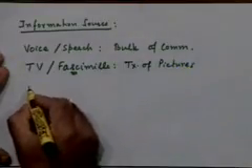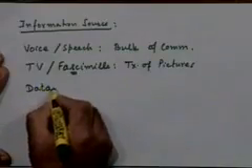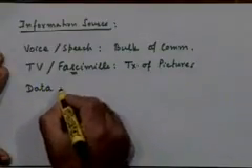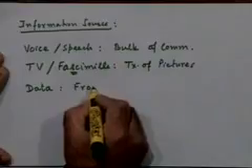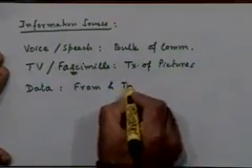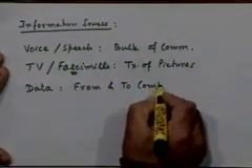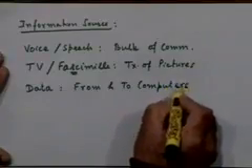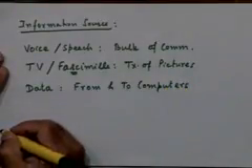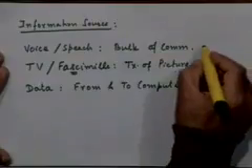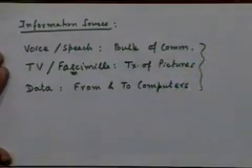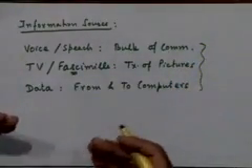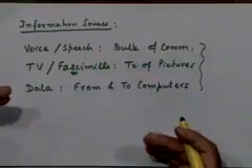Right? It could be data from computers, from and to computers. All right. Now, as I was saying some time ago, the kind of communication system that you would like to design would depend on what is the information source that you are working with.